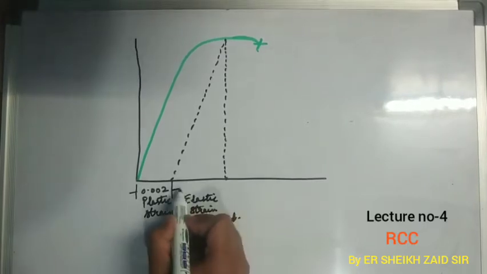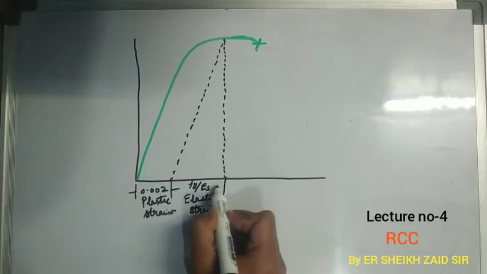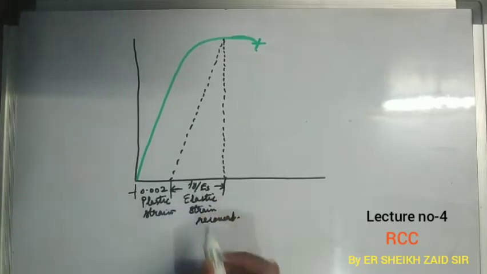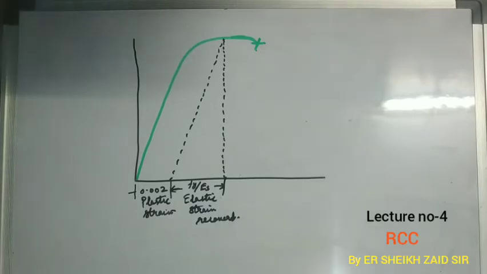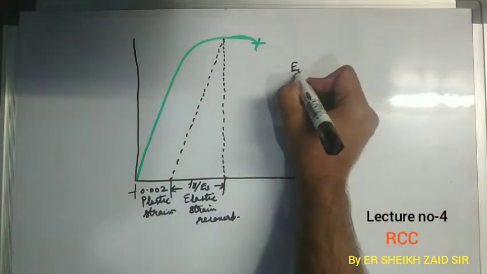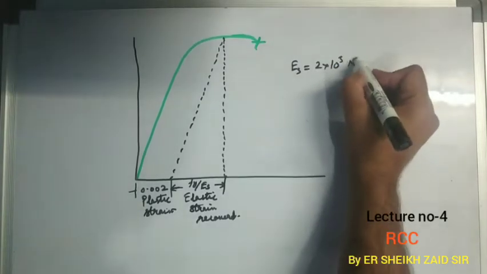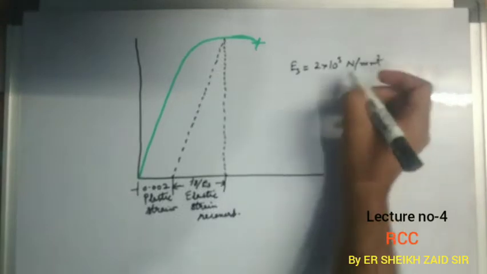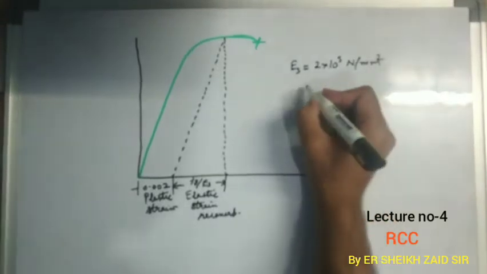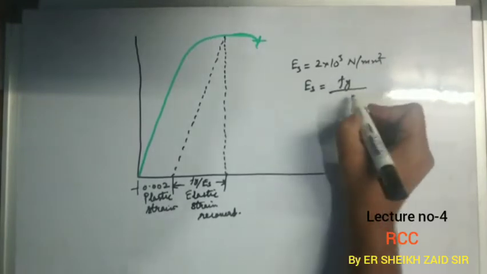And its value is given as Fy upon Es, where Fy is the yield strength of steel HYSD bars and Es is the modulus of elasticity of steel. The value of Es we take as 2 into 10 to the power 5 Newton per mm square. And Es will be Fy upon elastic strain.